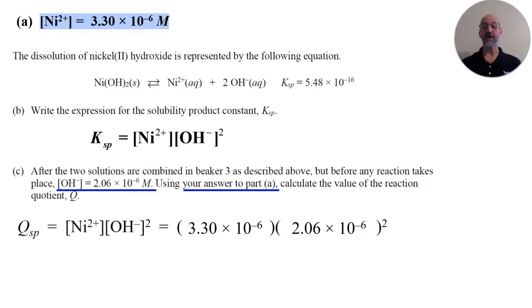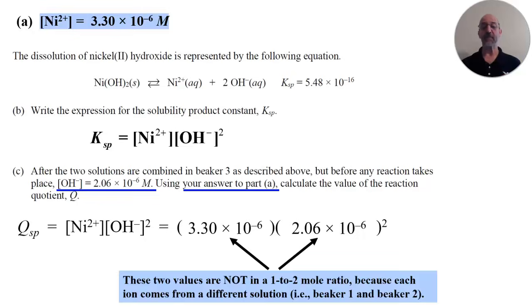Now, let me pause for just a moment. Some of you watching this video might be a little bit confused or concerned. You might be thinking, shouldn't there be a 1:2 ratio of nickel to hydroxide? And the answer is not necessarily in this case, because they came from two separate solutions. What I'm showing you on this slide are correct numbers for this calculation.